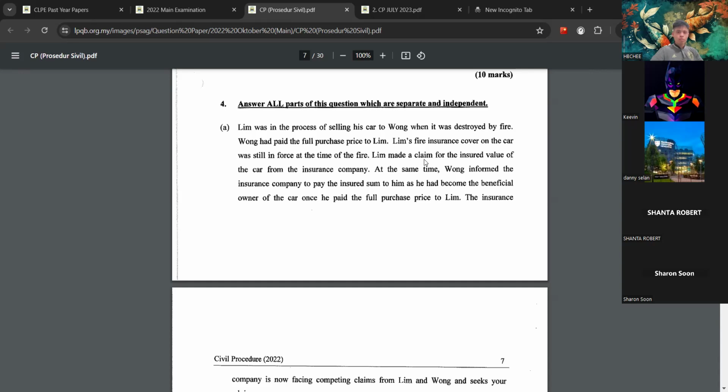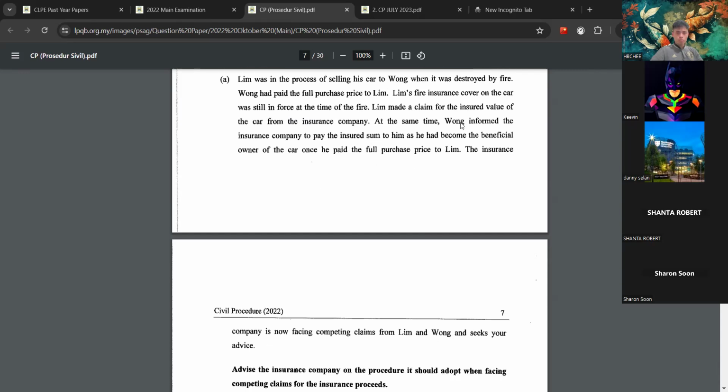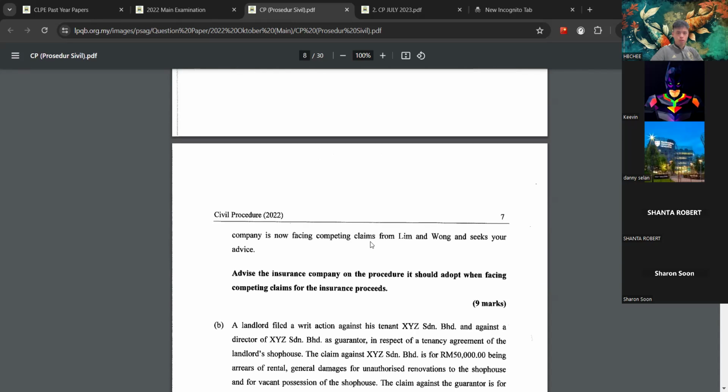Now, Lim made a claim for the insured value of the car from the insurance company. Meanwhile, Wong informed the insurance company to pay the insured sum to him as he became the beneficial owner of the car. The insurance company is now facing competing claims from Lim and Wong and seeks your advice. What procedure should be taken by the insurance company?